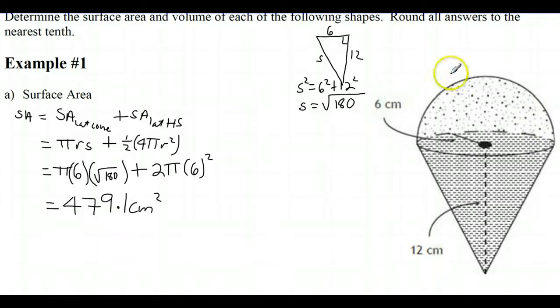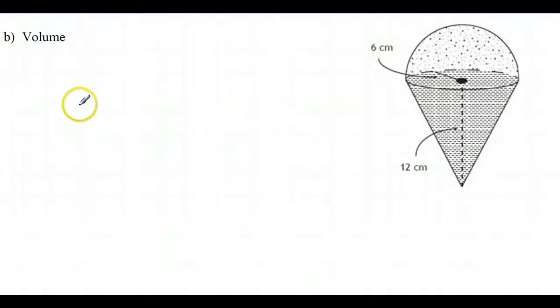Okay, volume, when we go to work out the volume of this, we want the whole volume of the cone, we want the whole volume of the hemisphere. Okay, so volume is volume cone plus volume hemisphere.